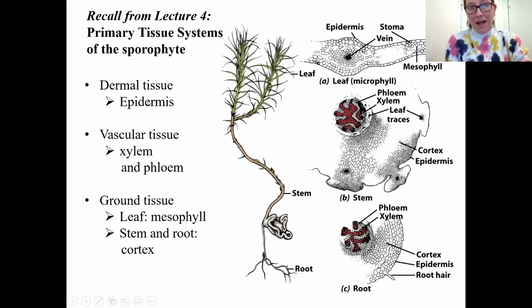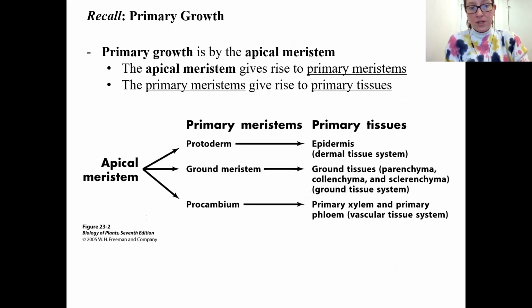This is a slide we saw way back in lecture 4 about the tissue systems in sporophyte plants. It's just a reminder slide. Dermal tissue system occurs in all parts of the plant and is the epidermis, which we now know is made by the protoderm.